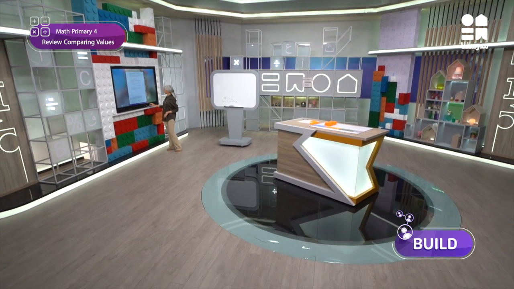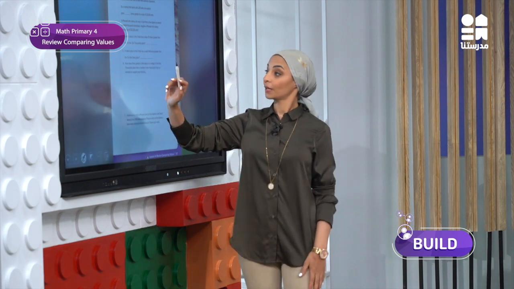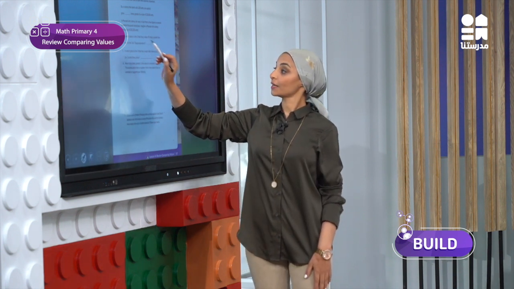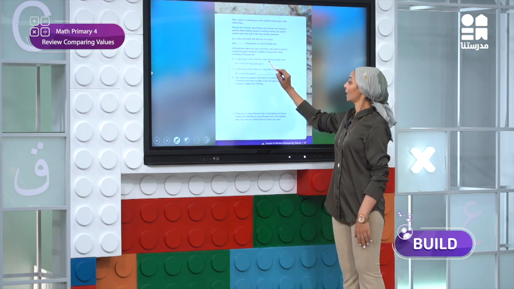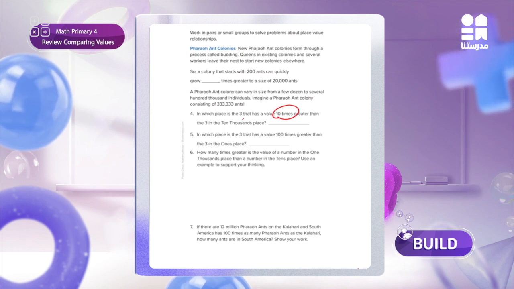Now, here as you see, number 4, he's asking me, in which place is 3 that has a value 10 times greater than 3 in the 10,000 place? Again, he wants in which place, place meaning I will write it in names, not in digits.